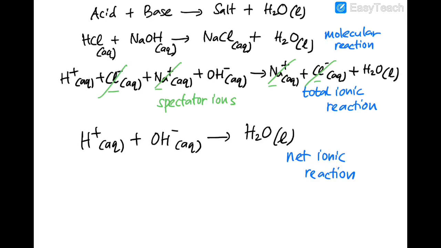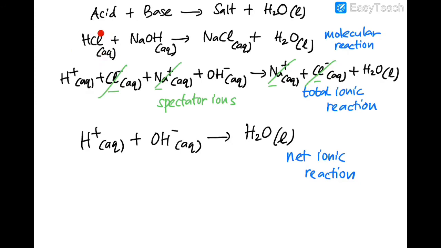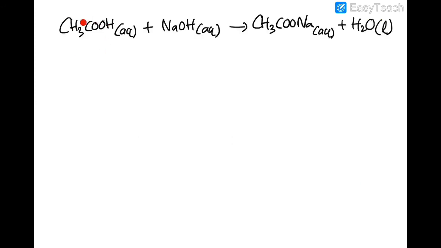Now let's take another example, but this time let's use a weak acid plus a strong base. Now, weak acid, unlike strong acid like this, will not dissociate completely. Therefore, we don't write the ions because mostly the dominant species will still be the unionized form like this.